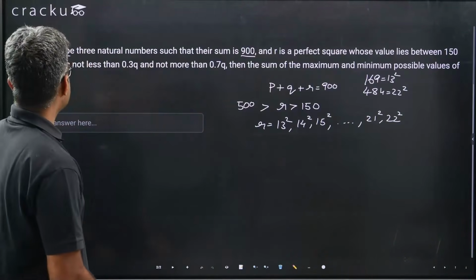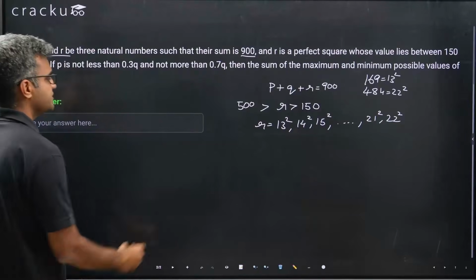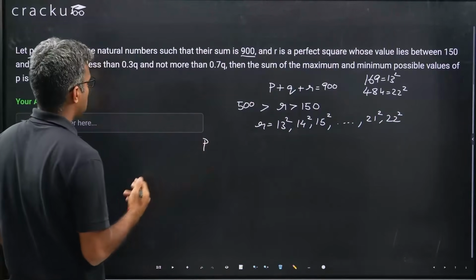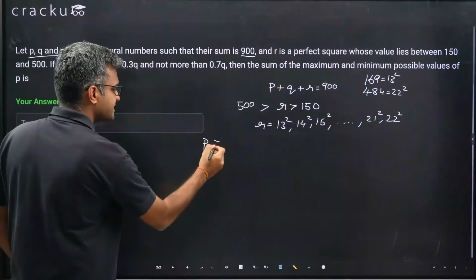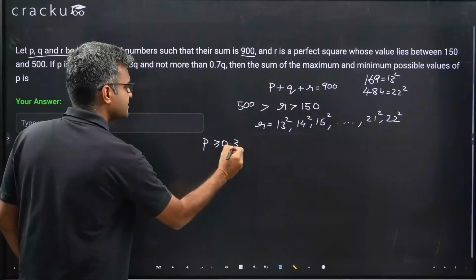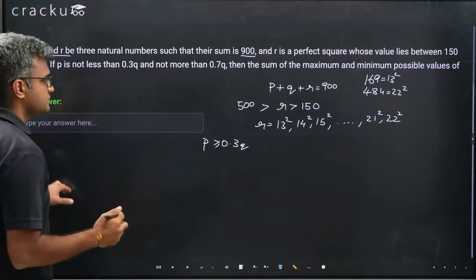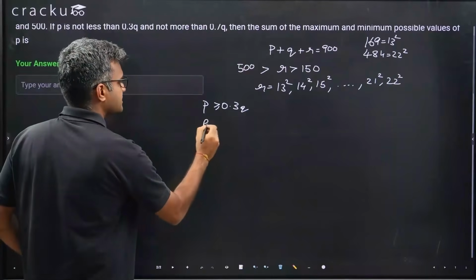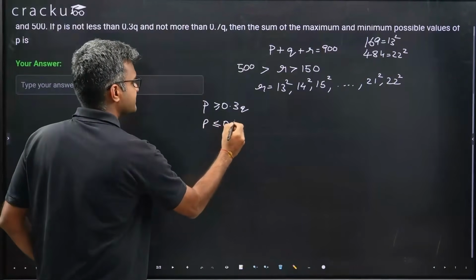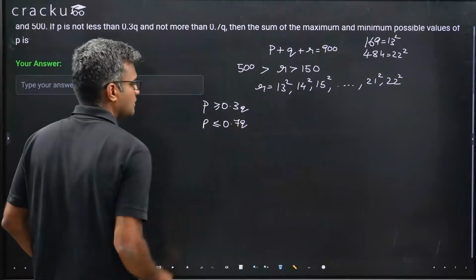We are also told that p is not less than 0.3q. So p is greater than or equal to 0.3q. And p is not more than 0.7q. So p is less than or equal to 0.7q. What does this mean?